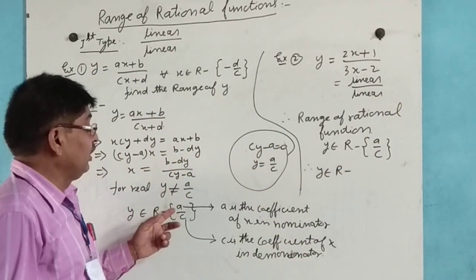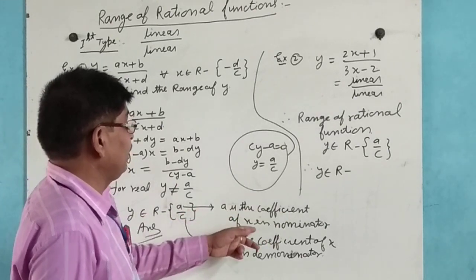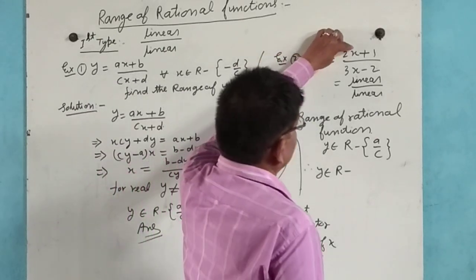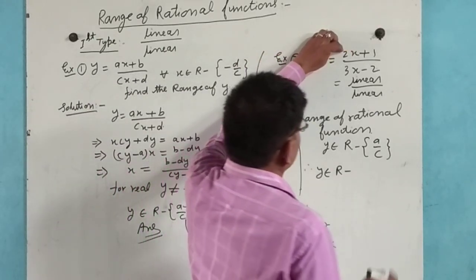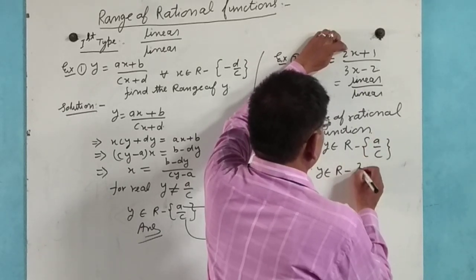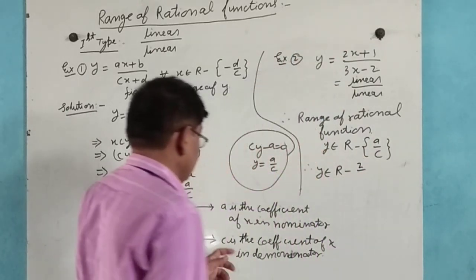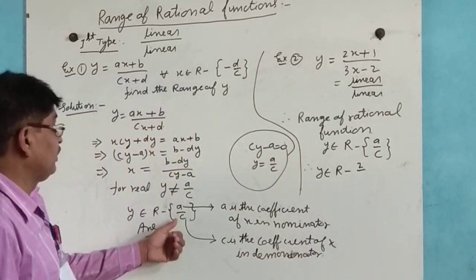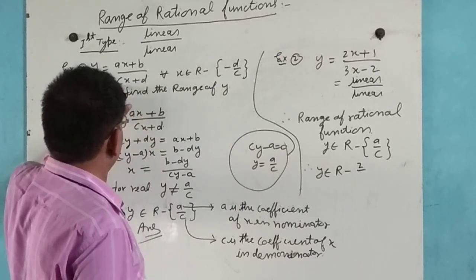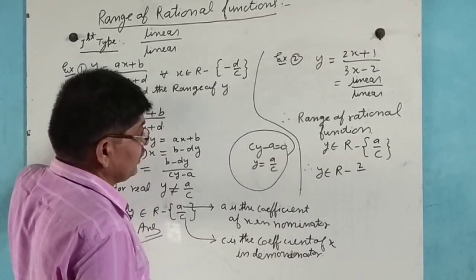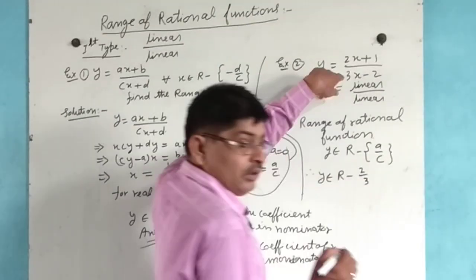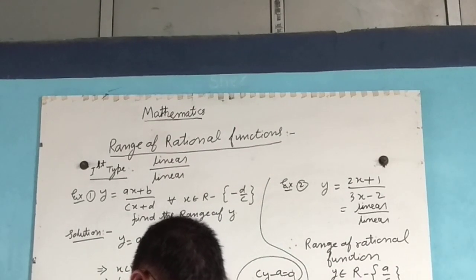Here a is the coefficient of x in the numerator, so a equal to 2, and c is the coefficient of x in the denominator, that is c equal to 3.